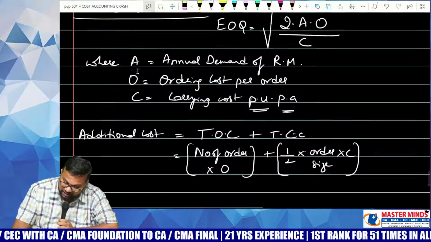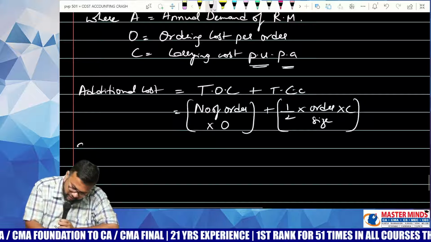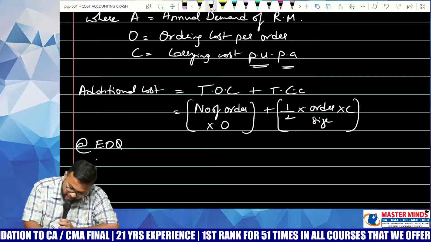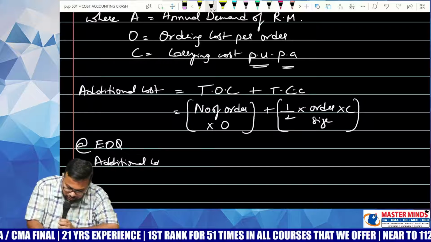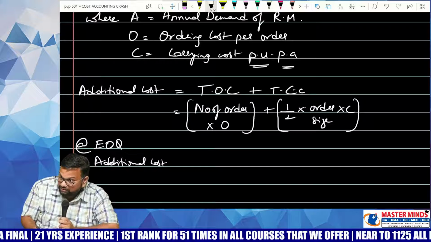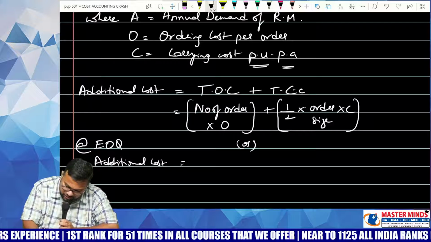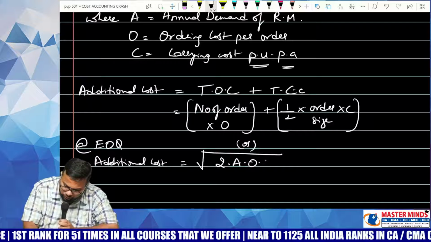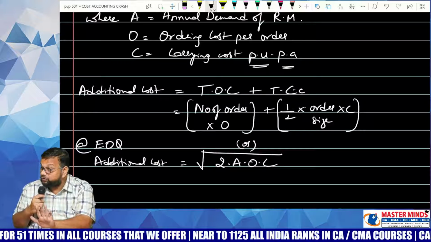Okay. But here, at EOQ, for additional cost, we can use the above formula, or we can use root of 2 into A into O into C. Only at EOQ. That's why I have mentioned it.